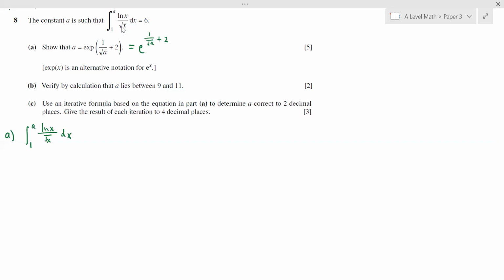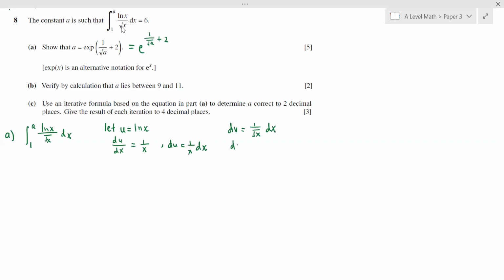For integration by parts, we let u equals ln x. Then du dx equals 1 over x, or du is 1 over x dx. If this is u, the rest must be dv. So dv is 1 over square root of x dx.